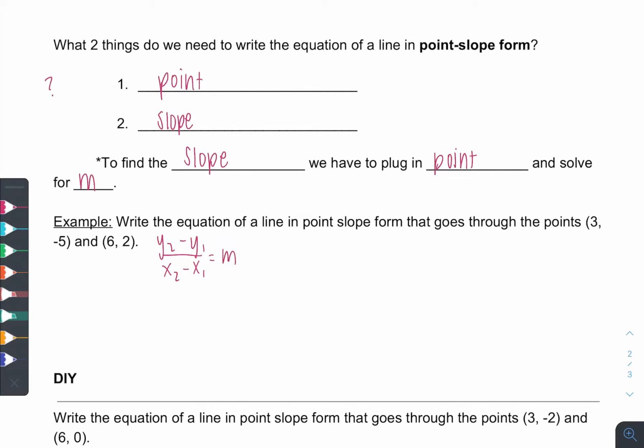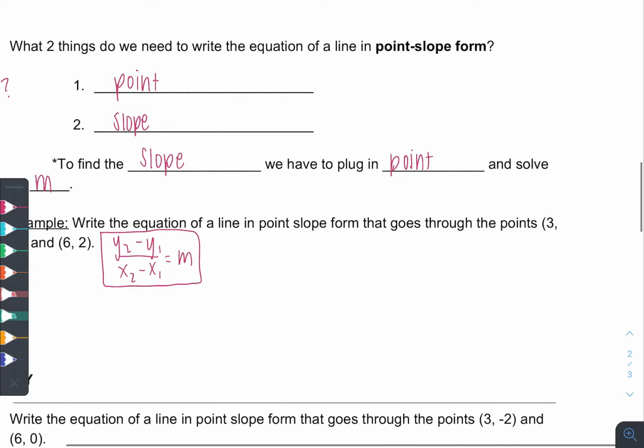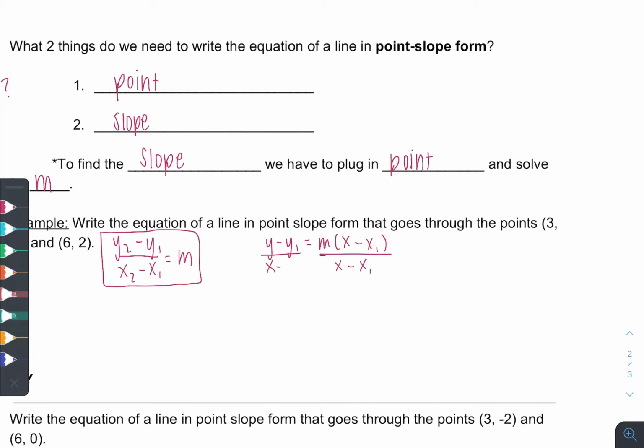But you'll notice that if I have y minus y1 equals m times x minus x1, and I divide by x minus x1 on both sides, and these cancel, I have m equals y minus y1 over x minus x1.